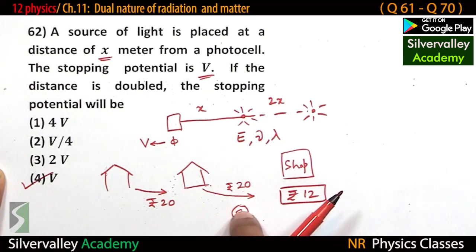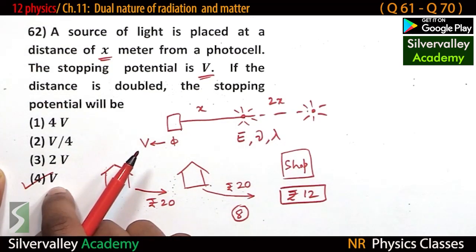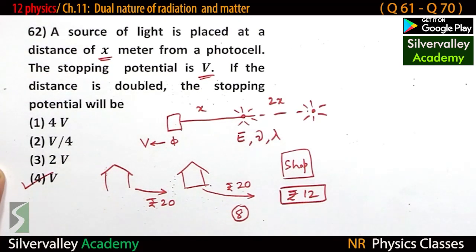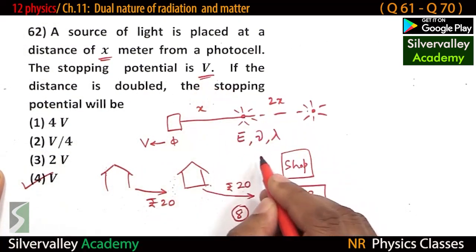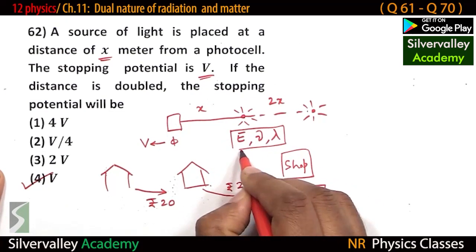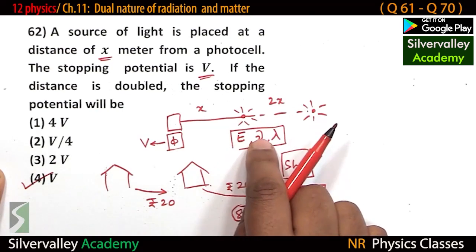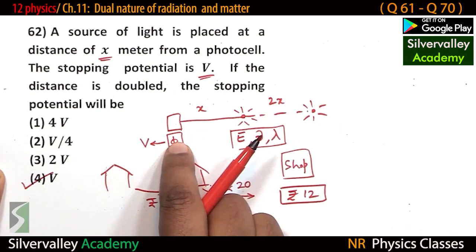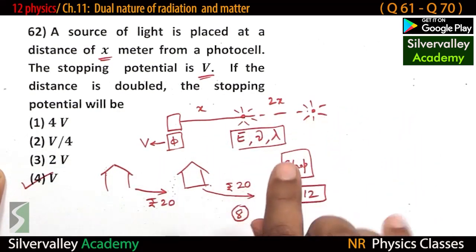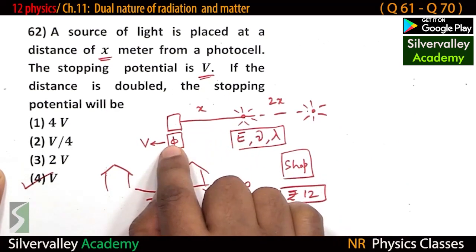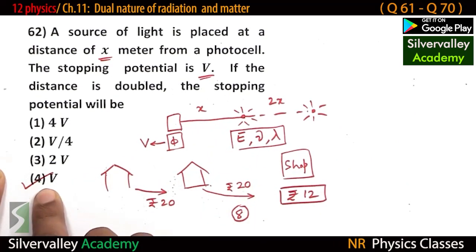The change remains same. So that is why it is V. And stopping potential is affected by these three quantities and work function. By increasing the distance, we are not altering any of this. That is why it is V.